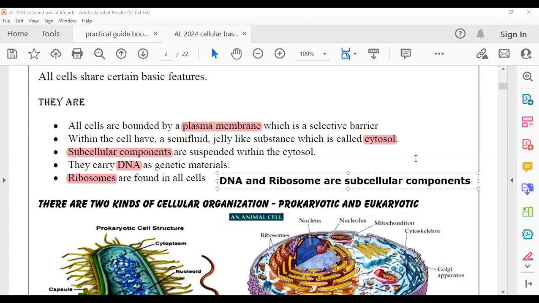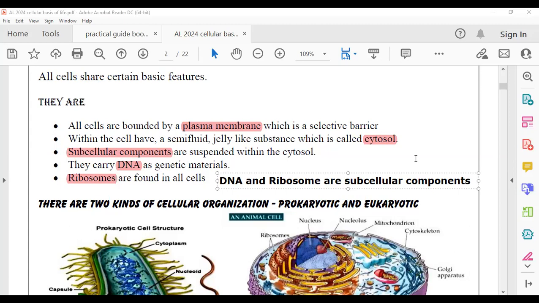DNA, ribosome, both of them are subcellular components, but they are very special. That's why they have separately mentioned them. Otherwise, they also will come under subcellular component. Okay.